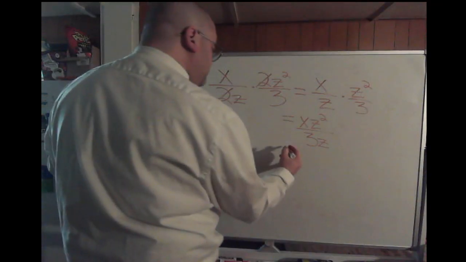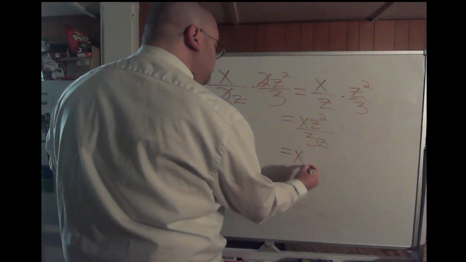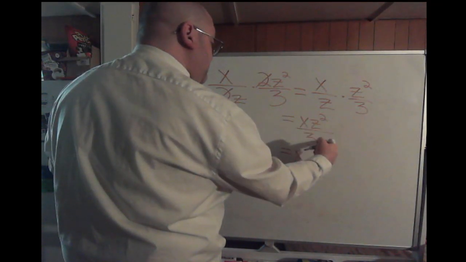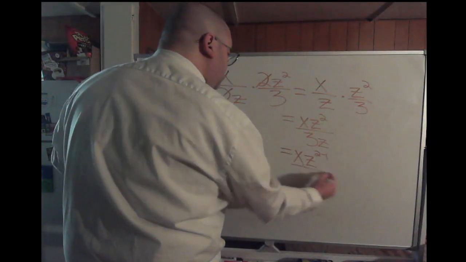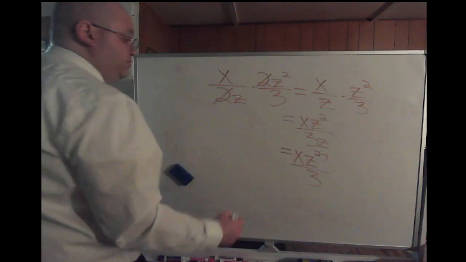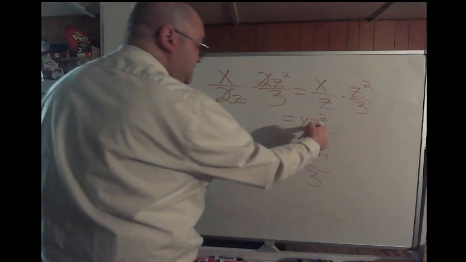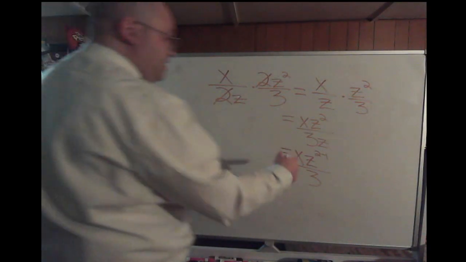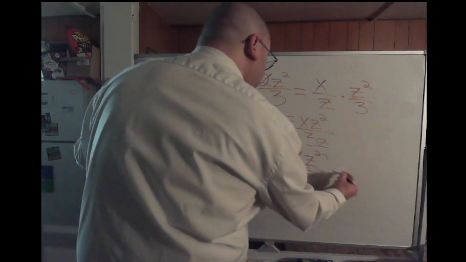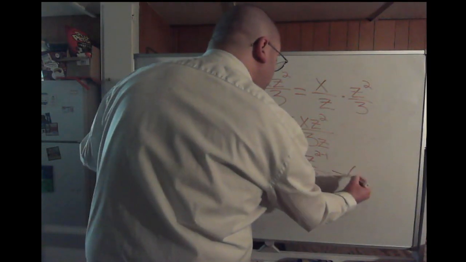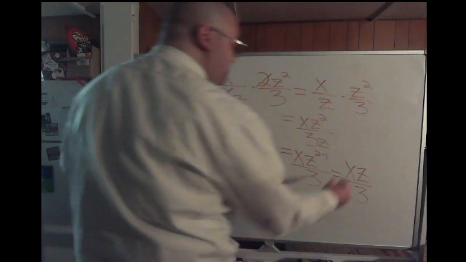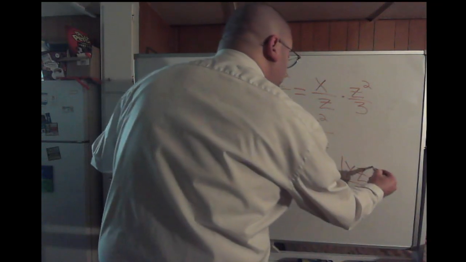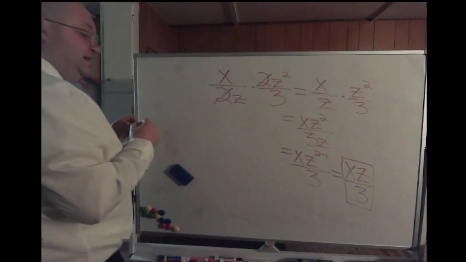That means what we have here is x times z to the second power minus z to the first power all over 3. That 3 just stays in the denominator, but the z's, you can subtract the power, which would give you a final answer of x, and then you have z to the 2 minus 1, that's just z, all over 3. And we can't reduce this any further, so your answer for a fraction is xz all over 3.